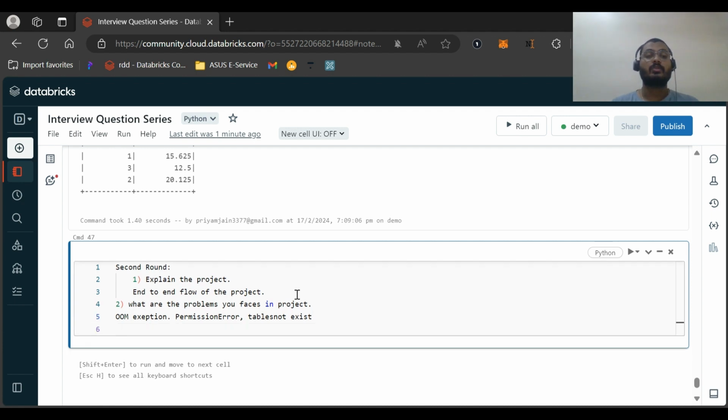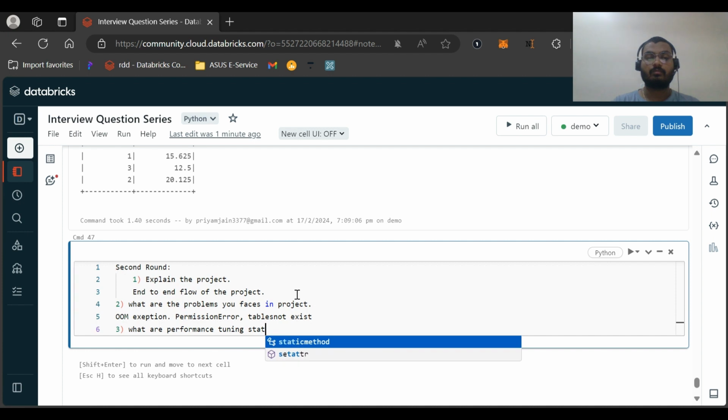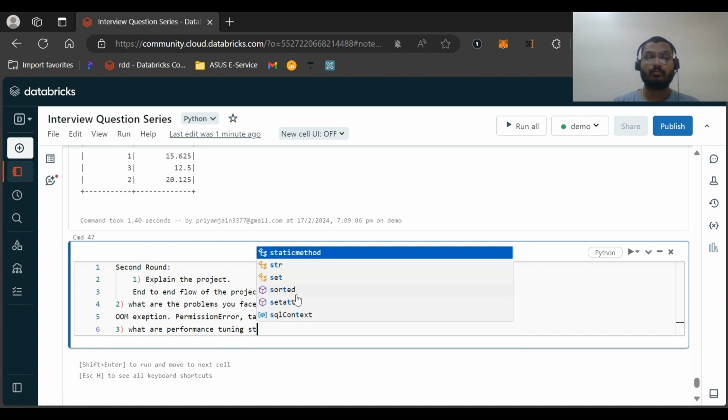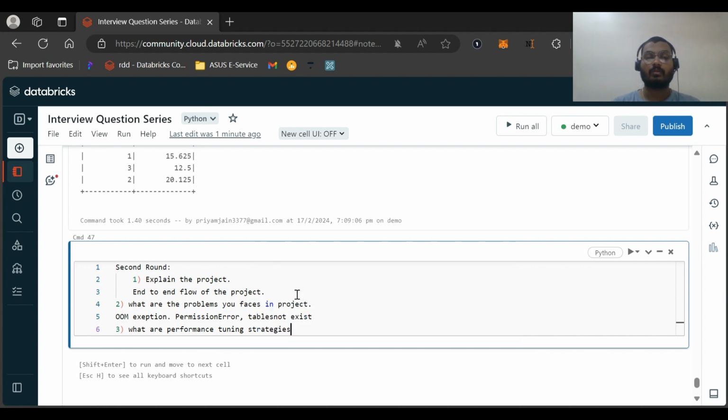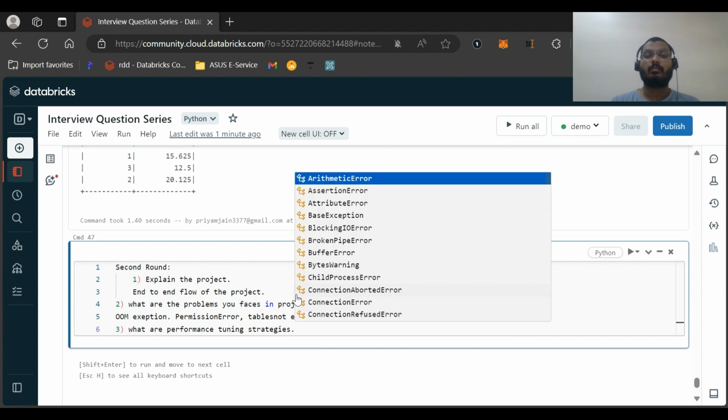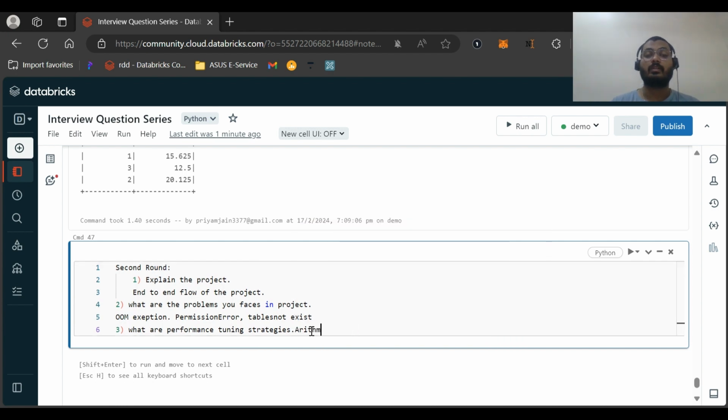Then performance tuning: what are the performance tuning strategies that you have implemented in the project?